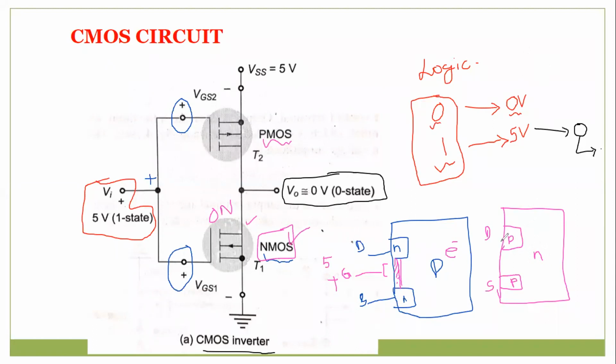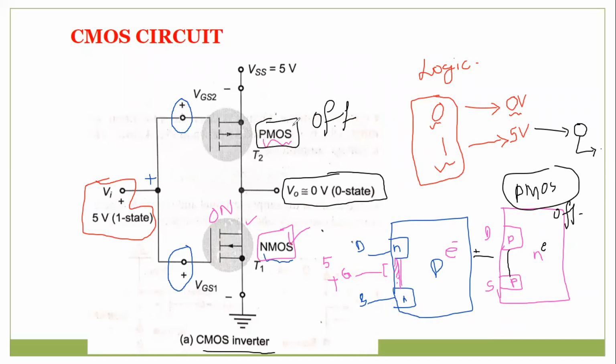Now, if I connect the gate terminal with the positive supply, this positive supply attracts electrons only. But to make the channel, positive charges or holes are required, and holes will not come. So it is not going to create any channel. That is the reason PMOS will be in off condition when I provide positive power supply to the gate. Now this switch will be off.